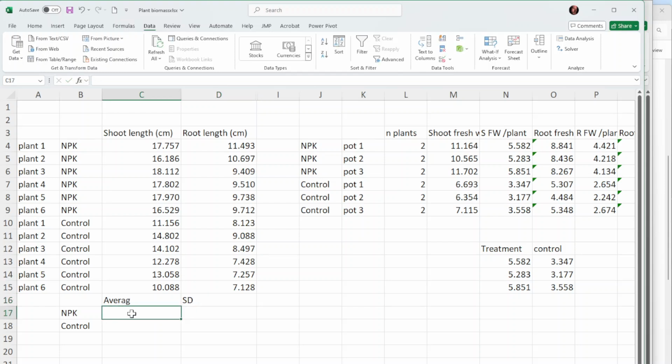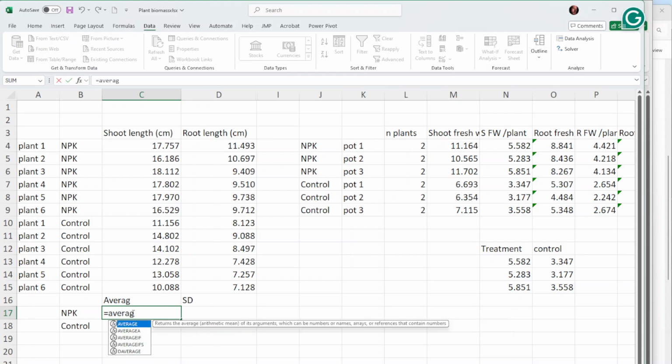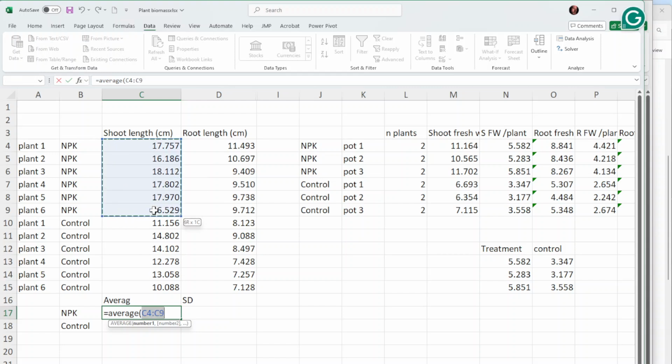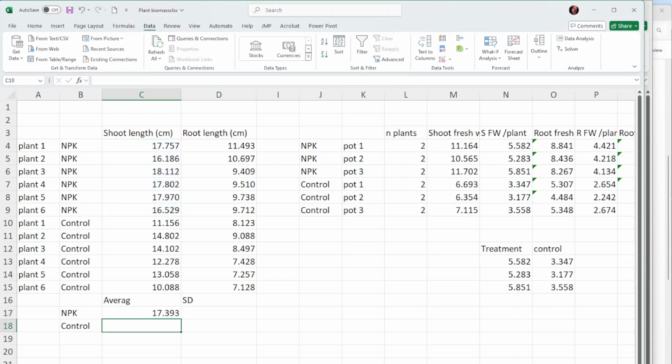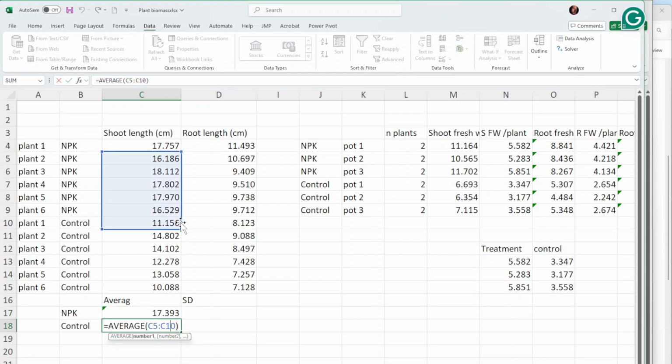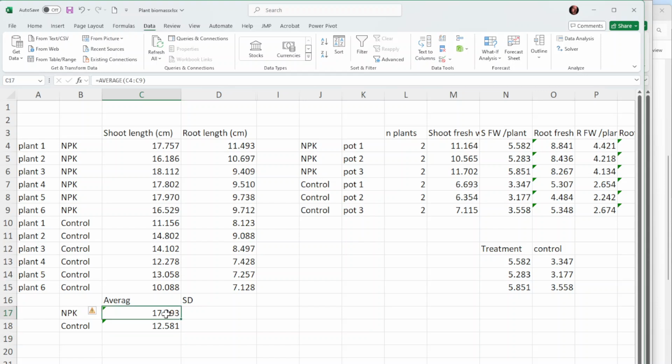Let's do the formula for the average, straightforward: equals average, brackets, and you select the data from the treatment that you are averaging. Close brackets, enter, and that will give you the average for the treatment. Same thing goes for the control. You just need to select the data from the control, and you can drag the region. So you already see in this case the average for the NPK is much higher than the control.